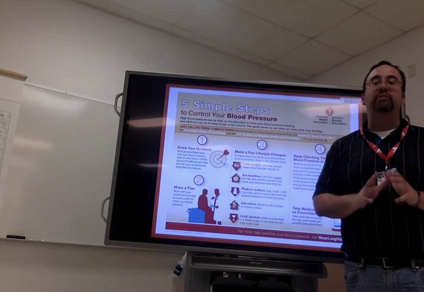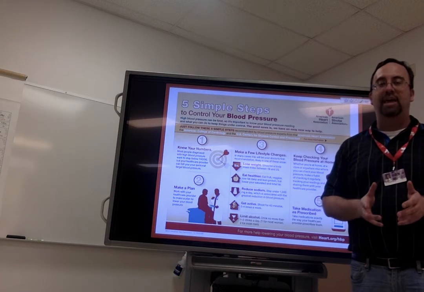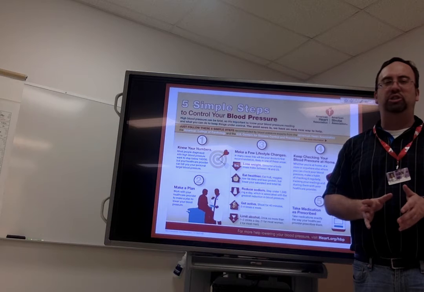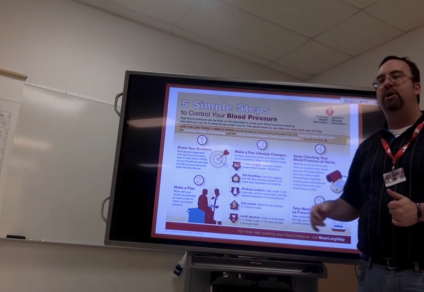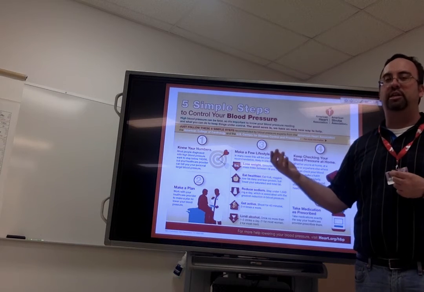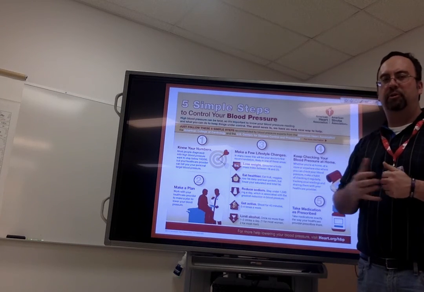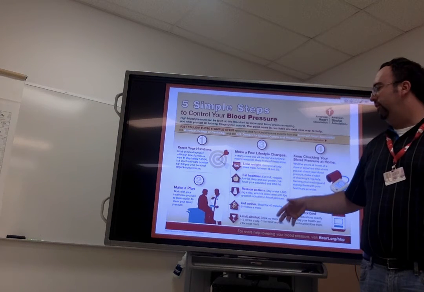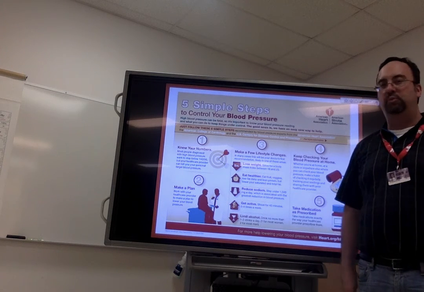Try to reduce the amount of sodium that you take in on a day. Americans, in general, take in way too much salt and therefore way too much sodium. If you have a buildup of sodium, that can also lead to hypertension, which can lead to problems with controlling your blood pressure. Try to get active, and maybe work out a few times a week.